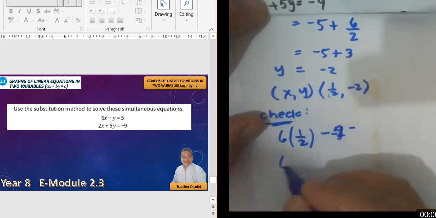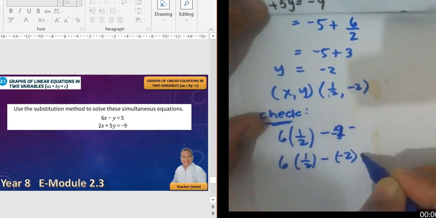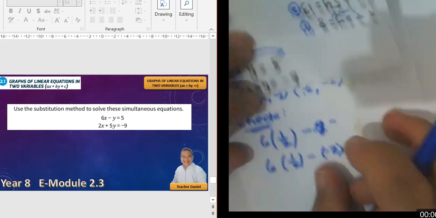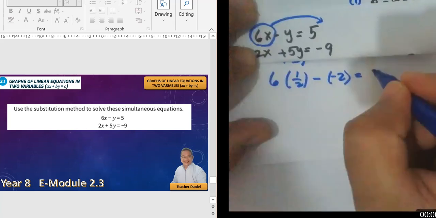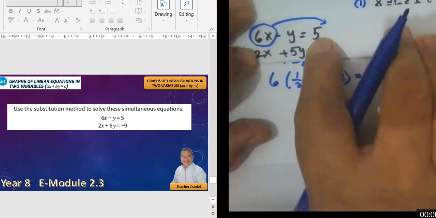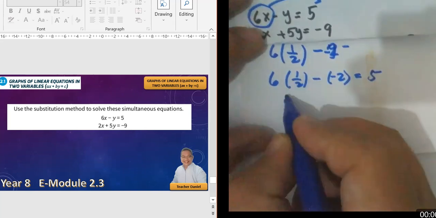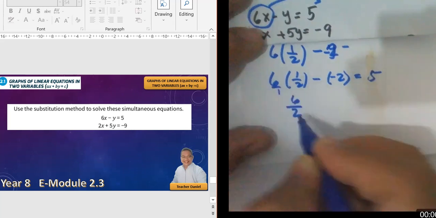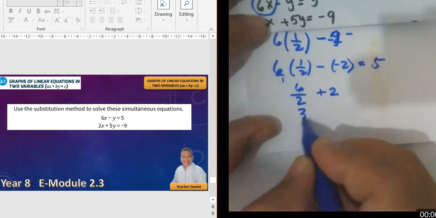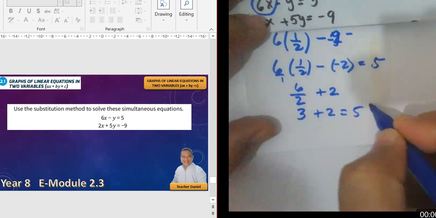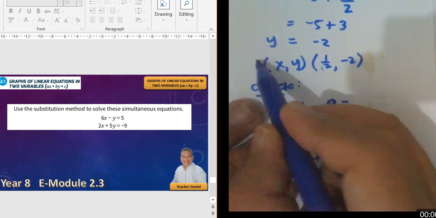So 6 times 1/2 minus -2 is equal to 5. We're going to check if that is true. So 6 times 1/2 is 6 over 2. Negative, negative, there is plus 2. Is it equal to 5? Let's check. 3 plus 2 equals 5. So therefore, that is actually correct. Our answer is actually correct.